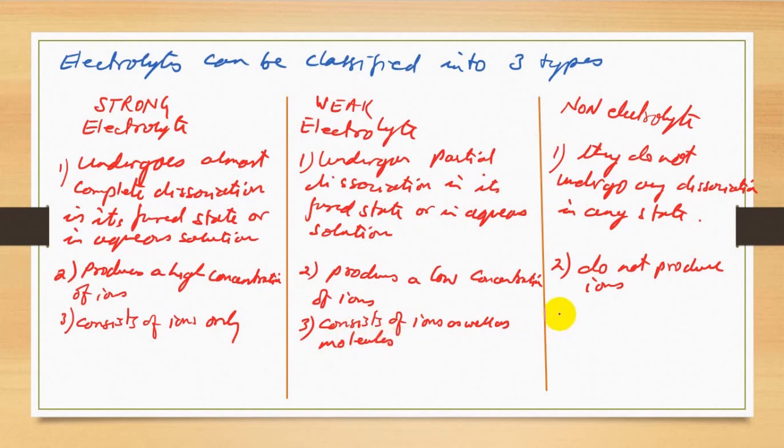And here it will consist of molecules only, because they are not dissociating. In the weak one, if I take 100 molecules, a part of it dissociates, maybe 20, 30 dissociates. So the remaining are still molecules. So they have ions also, they have molecules also.